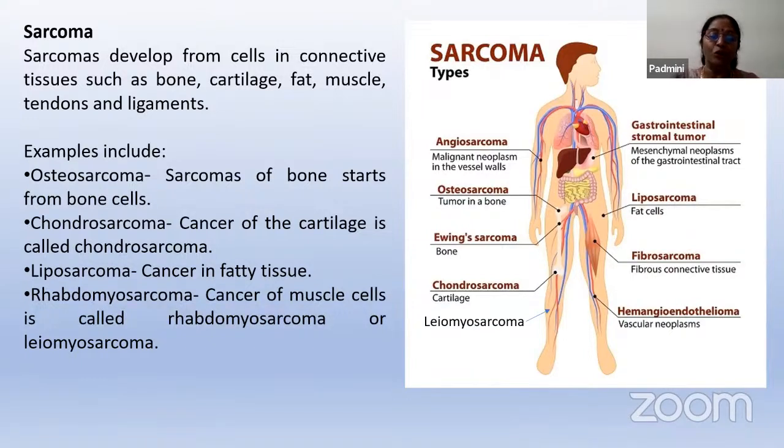Another name for this is leiomyosarcoma. If they are present in the muscles, then that's called leiomyosarcoma or rhabdomyosarcoma. So if you hear the name sarcoma, then you're talking about connective tissue cancers.